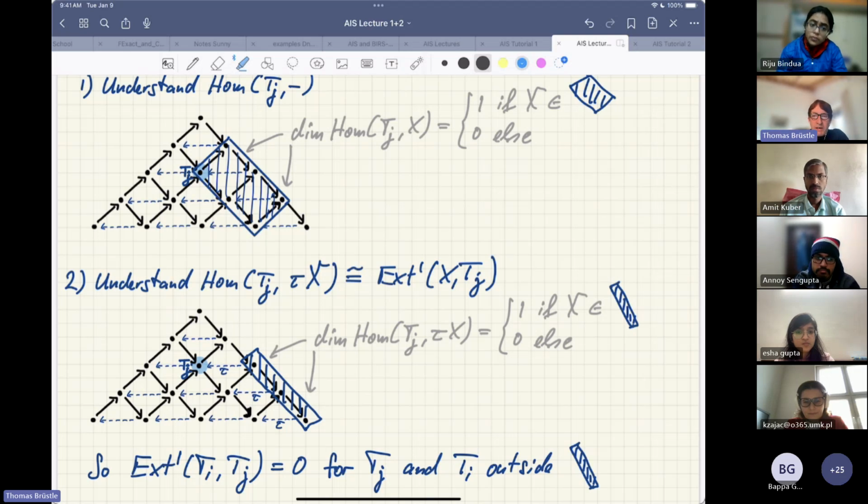For my second summand, I could pick any place here, here, here, here, there. All those are valid choices for a second summand Ti, such that there is no extension between Ti and Tj. I got plenty of space.